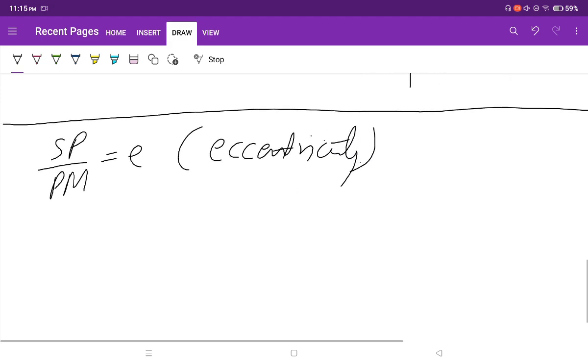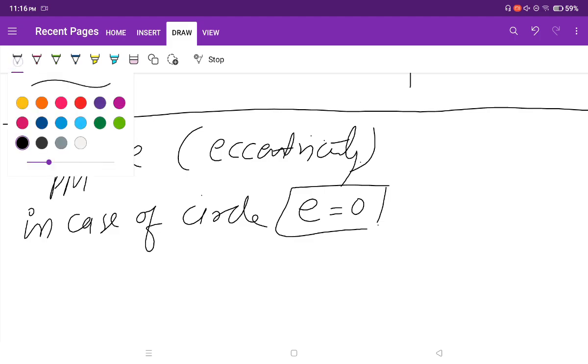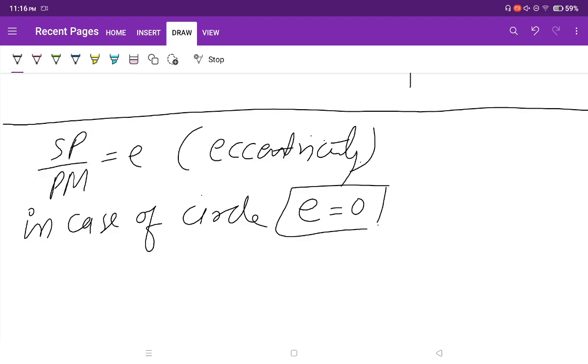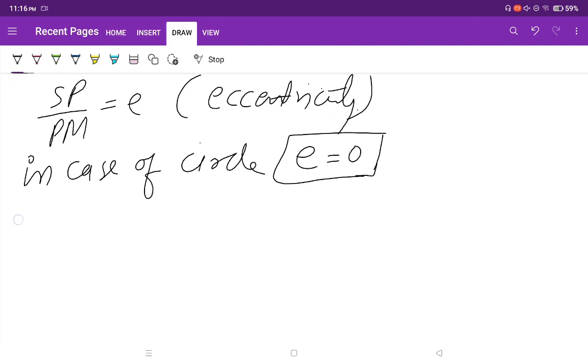And eccentricity in case of a circle, e equals 0, right? So I asked a question in the previous video: for e to be 0, where should the directrix of the circle lie? The solution to that question: we have SP by PM equals 0, right?